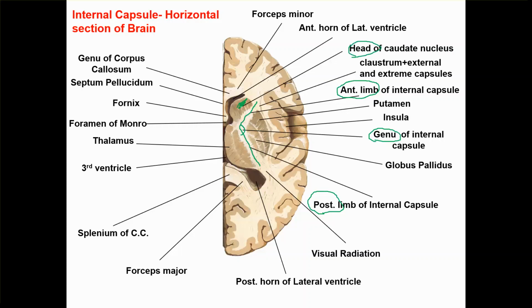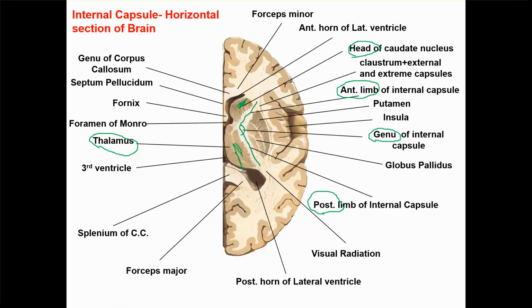It separates the caudate nucleus medially, and laterally the lentiform nucleus. The posterior limb separates the thalamus medially. What you're seeing is parts of the thalamus, and laterally it is the lentiform nucleus.